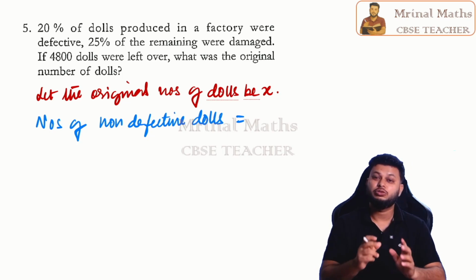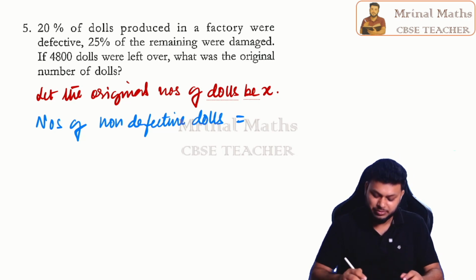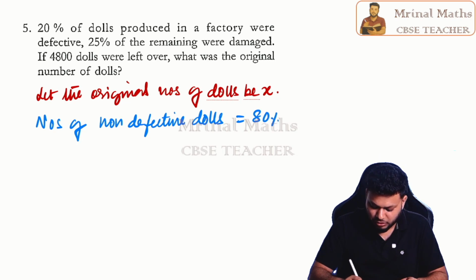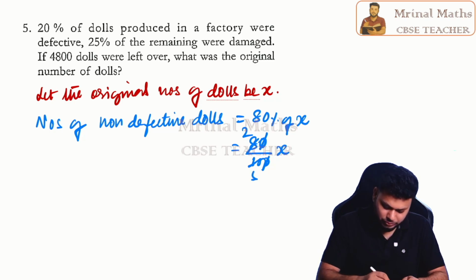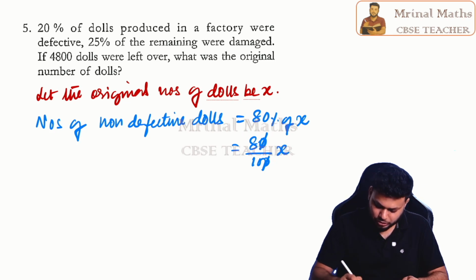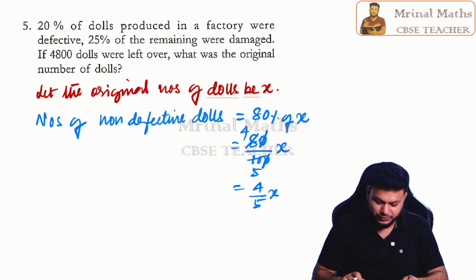How much? 20% was defective, so non-defective is 100 minus 20, that is 80%. So 80% of X. If you simplify a little bit, 80 by 100 X. For 20, 4, 20 fours are 80, 20 fives are 100. So you have 4 by 5 X. These are the number of non-defective dolls.